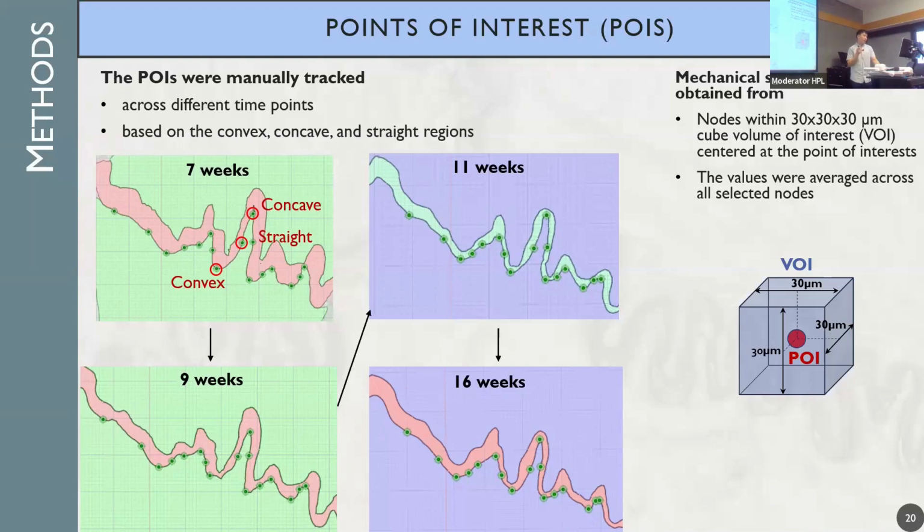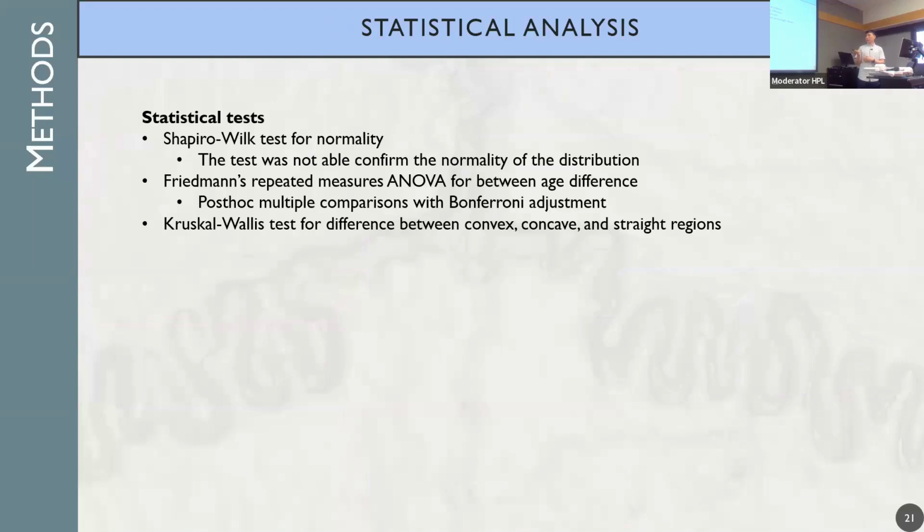And finally, I selected volumes of interest, which is a 30 by 30 by 30 micron cube centered at the points of interest, and all the values were averaged across all selected nodes within that volume. I used mostly non-parametric tests because the distribution of the data was not normal.